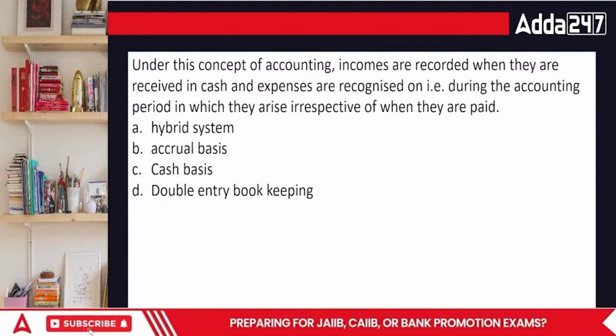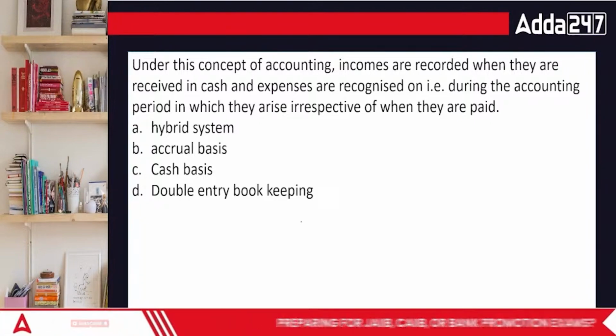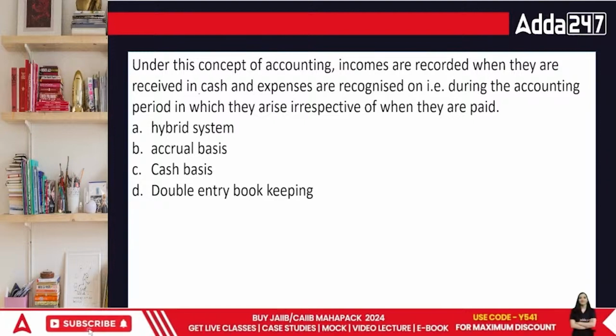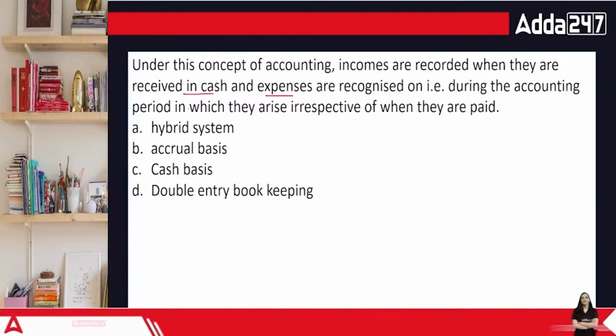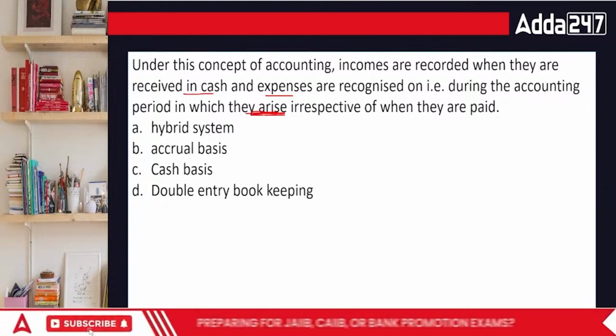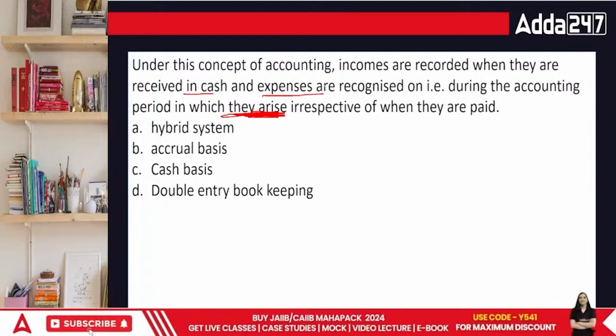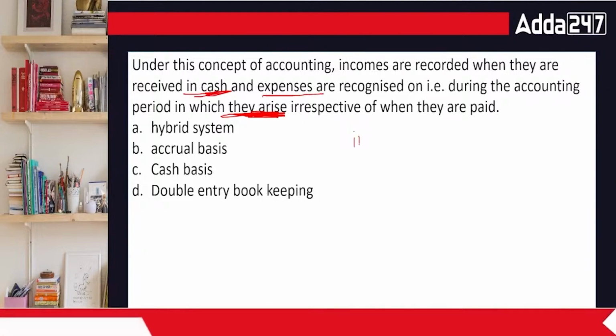Okay, so let's talk about this specific area as well. When we talk about incomes being recorded when they are received in cash, and expenses being recognized when they arise, you are writing about the due basis of expenses and cash basis of incomes, right? This is how the question goes.